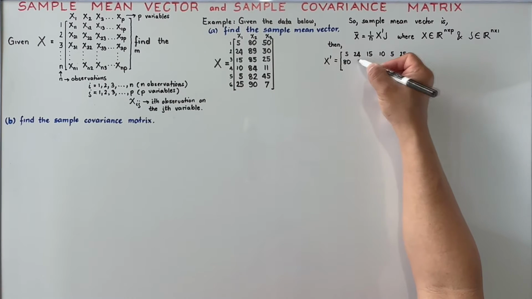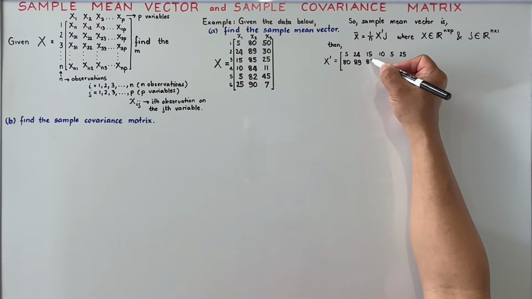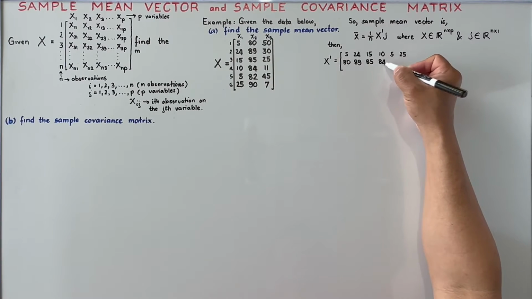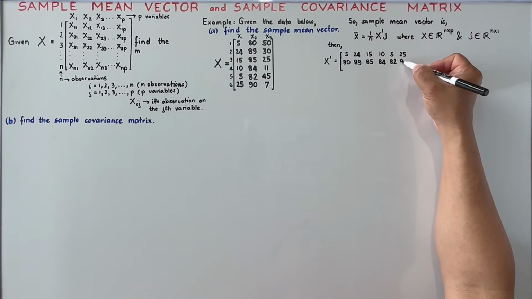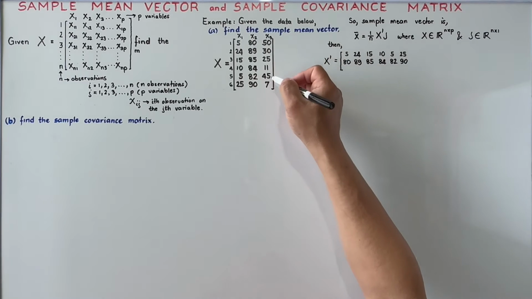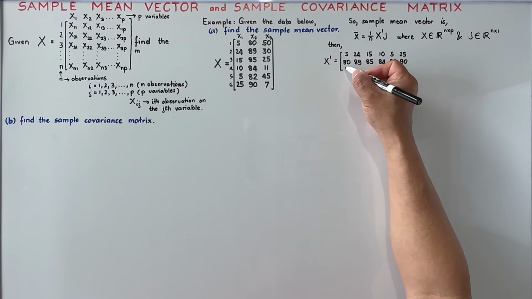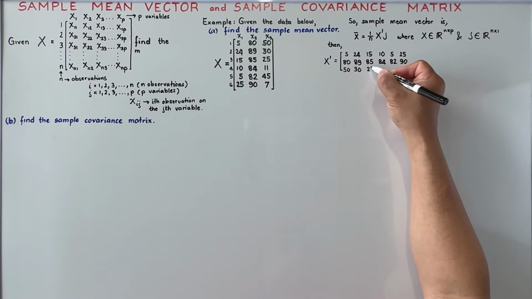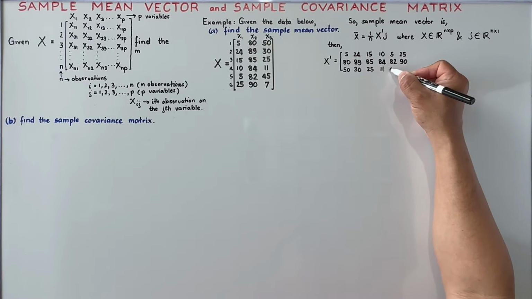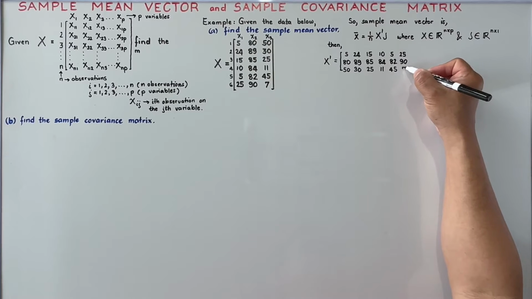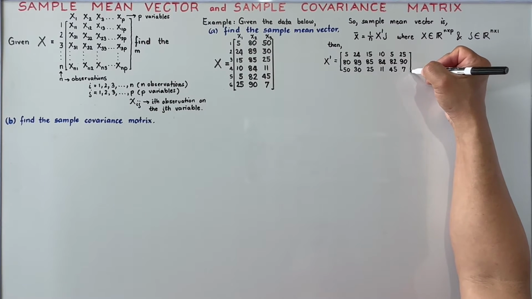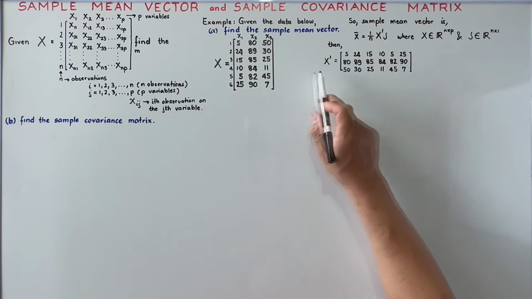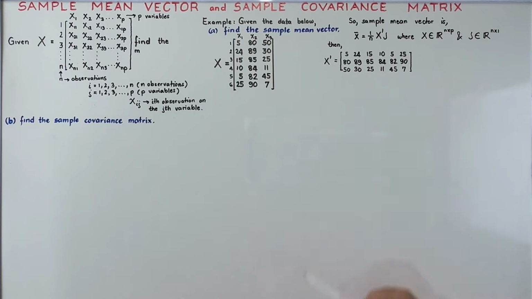So we have 80, 89, 85, 84, 82, and 90 here. Also, the third column becomes the third row, which are 50, 30, 25, 11, 45, and 7 here. So this is the transpose of this matrix, and we write it here, X transpose.